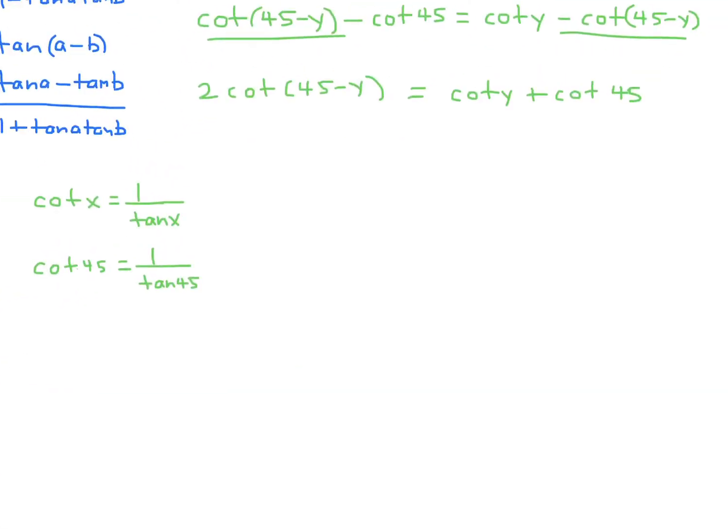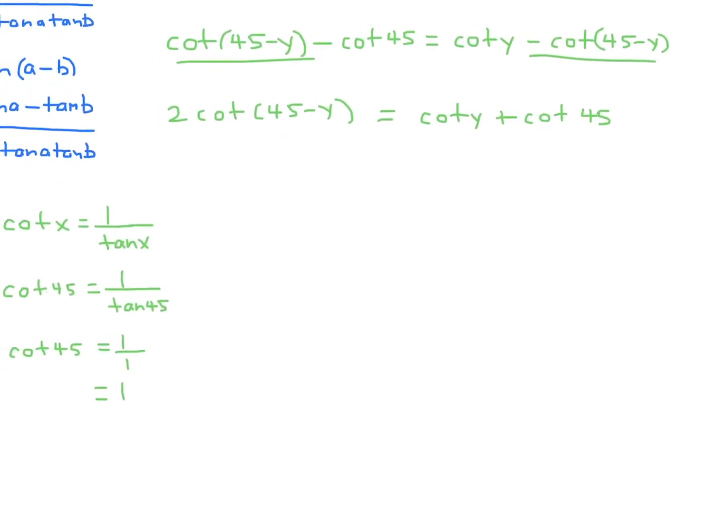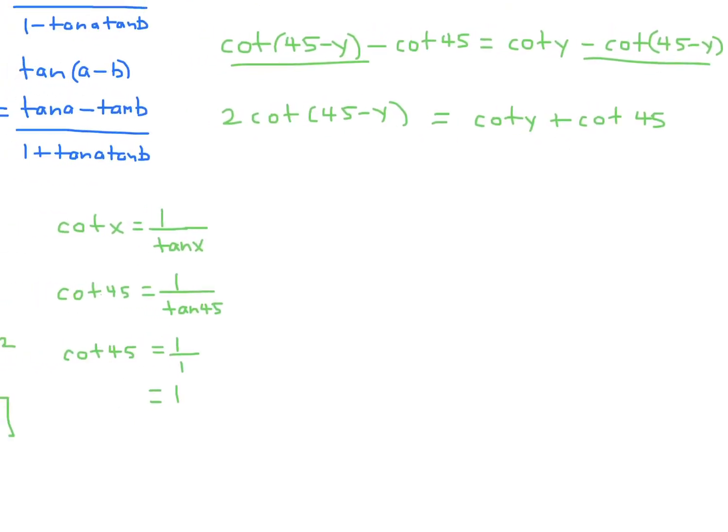But of course you did know that. So that means that cotangent of 45 is 1 over 1, which is of course just equal to 1. So we can plug that in there. And that gives me 2 times the cotangent of 45 minus y is equal to the cotangent of y plus 1. All right.